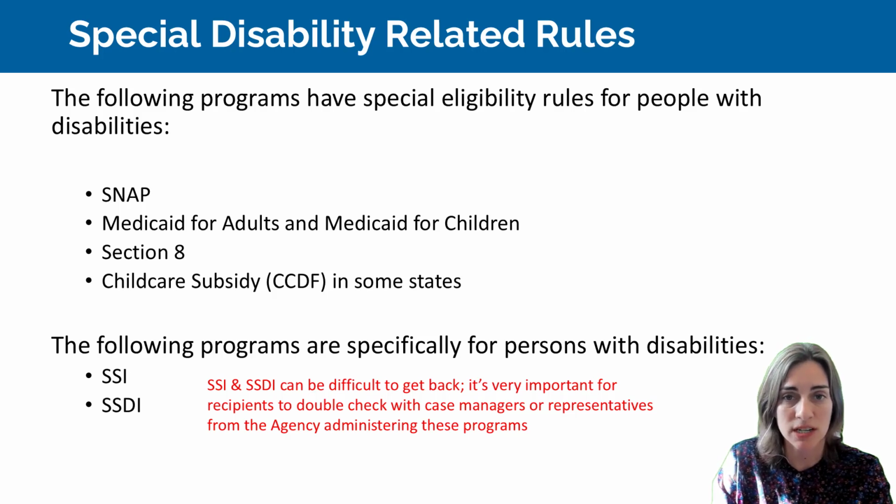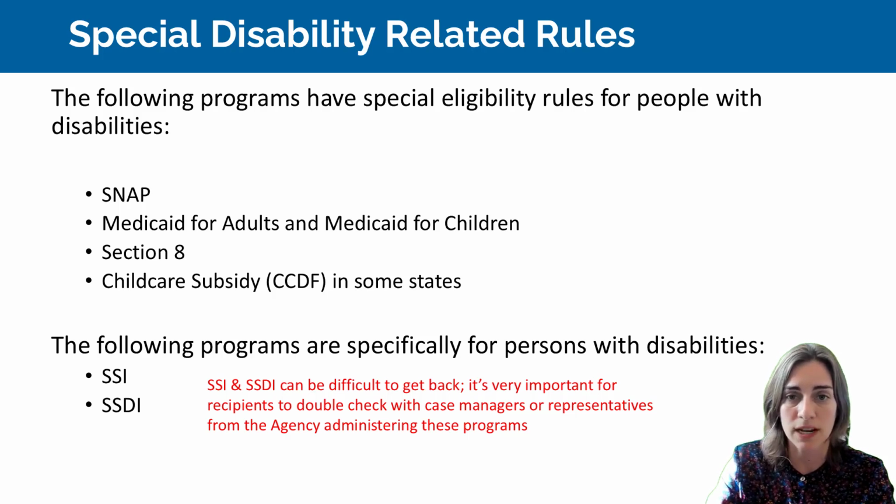SNAP, Medicaid, Section 8, and CCDF all have different eligibility requirements for households where one or more members has a disability. In some states, children with disabilities may be subject to different rules for the CCDF program, and these state-specific rules are not incorporated. Further, SSI and SSDI are programs specifically designed for persons with disabilities.